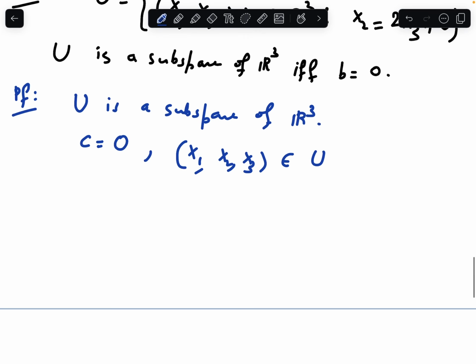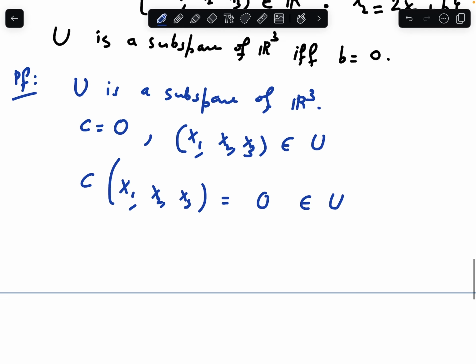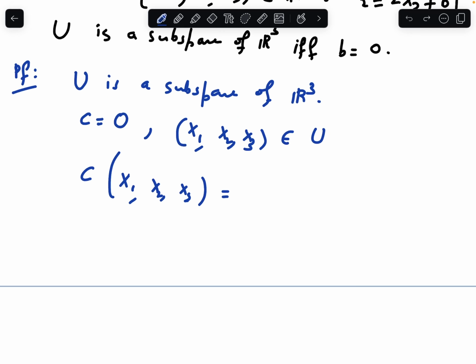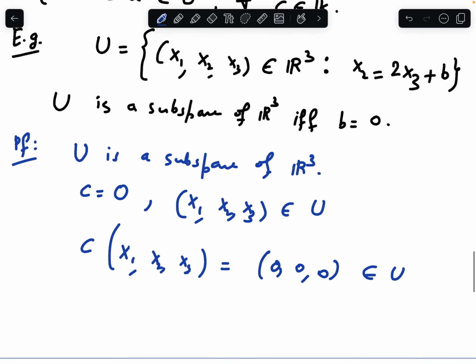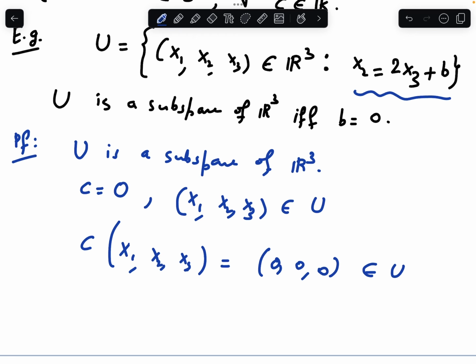Then C times x1, x2, x3 equal to 0, 0, 0 should be inside U. Since it is inside U, this condition should be satisfied.